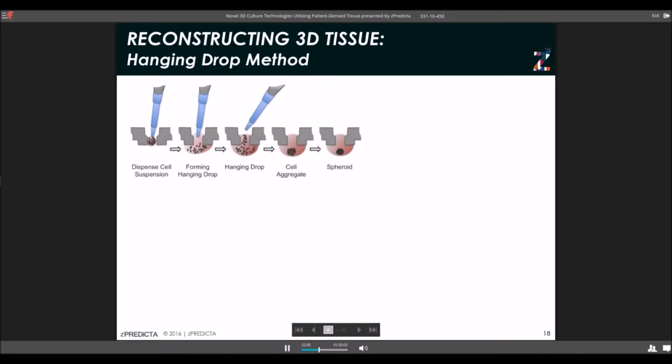One of the ways to aggregate the cells into three-dimensional clusters is to use a hanging drop model. With the hanging drop model, cells are placed in the medium in a liquid drop, and over time, with the pull of gravity, they really aggregate into spheroids.